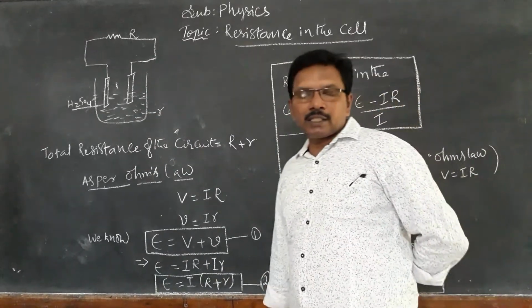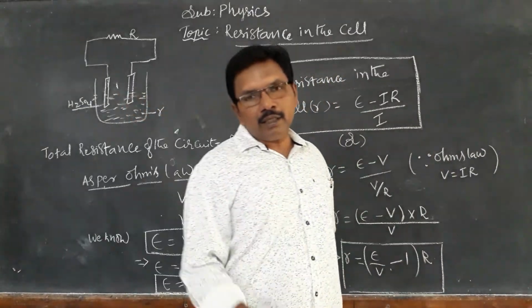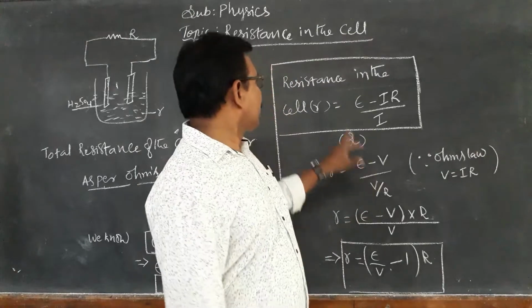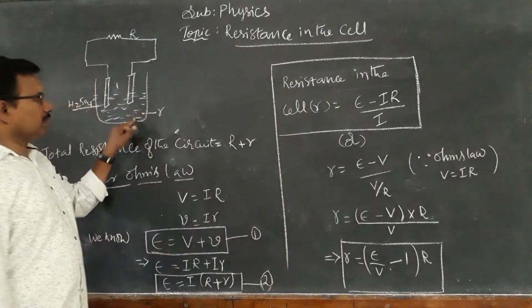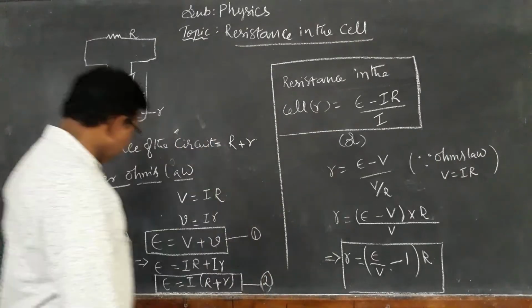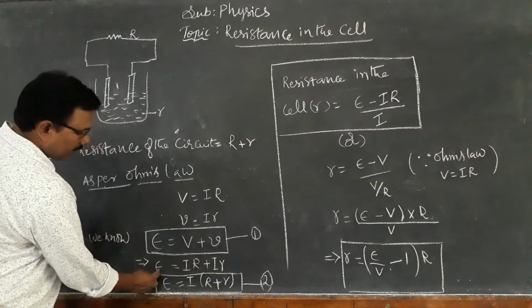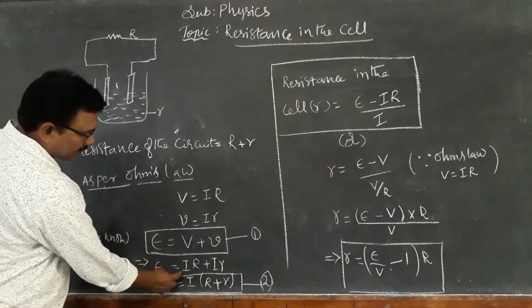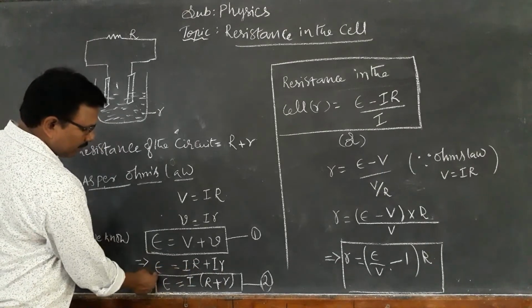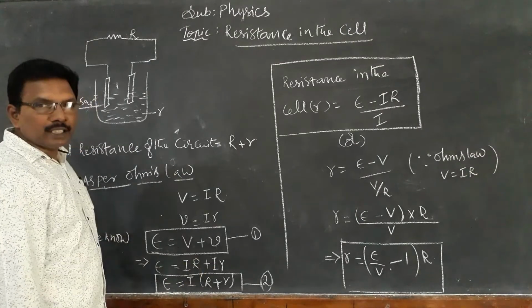Now the resistance in the cell we can find out. Yes, we can find out. Small r: E minus I capital R is equal to I small r.